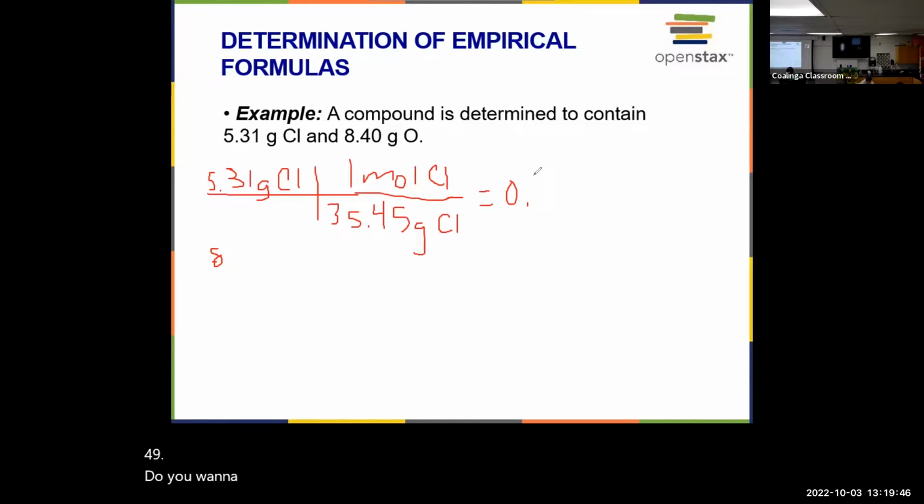Because it's 0.1497. And what will we round it to? How many sig figs should we have? 3.